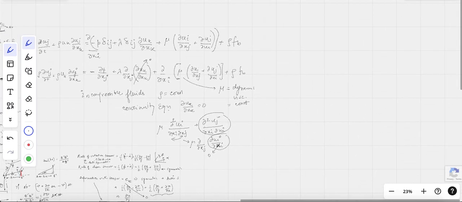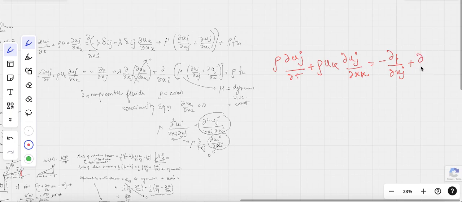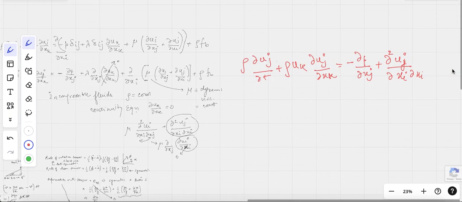Now this equation after the simplification becomes rho duj by dt plus rho uk duj by dxk, right, equals minus dp by dxj, this term vanishes, plus mu, only this term remains, d square uj by dxi dxi, plus rho fb, right?